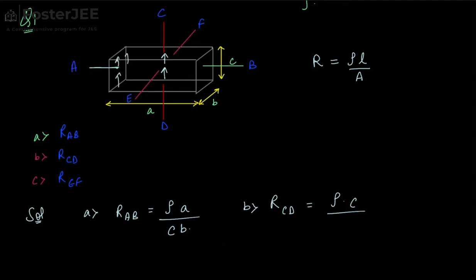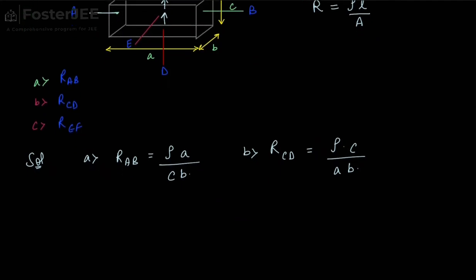That will be this much, that is the whole of this area. Just imagine that this area is available for electrons to travel from C to D. And what is this area? This is A times B. Hence, the area of cross section is A times B.